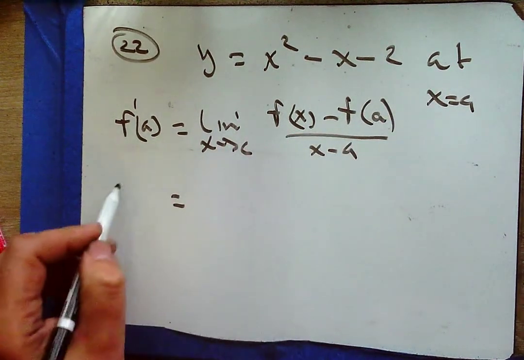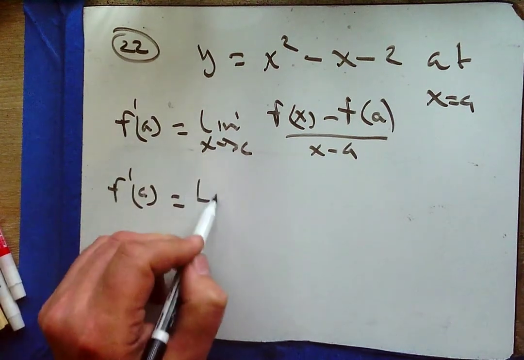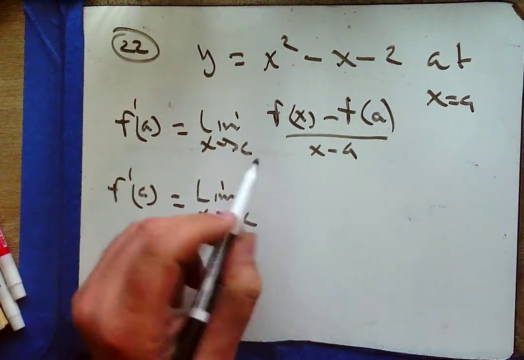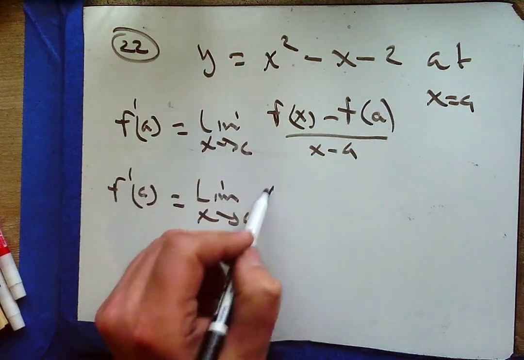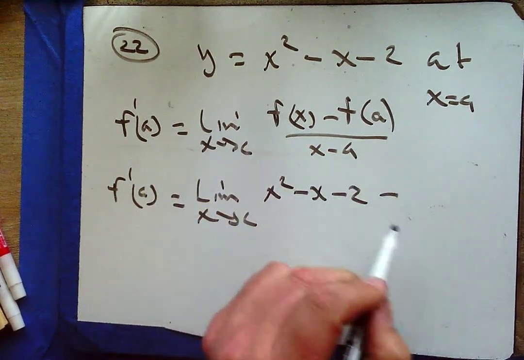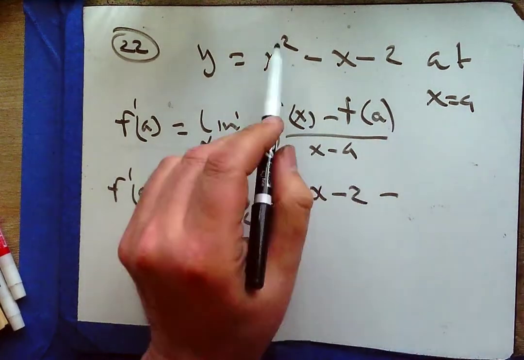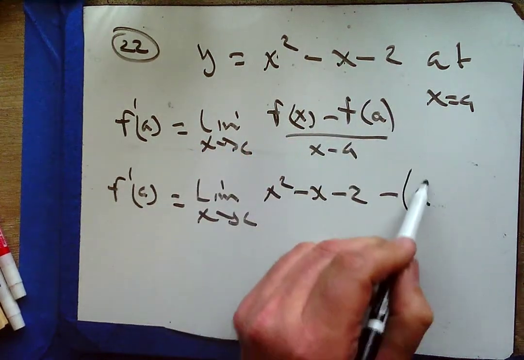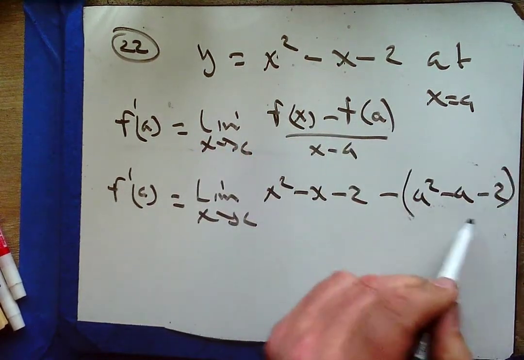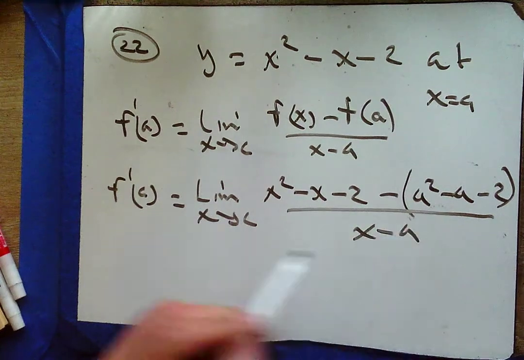So that's going to be the limit as x approaches a of f of x, which is x squared minus x minus 2, minus f of a. Well, f of a means I plug a's into those. So I have a squared minus a minus 2 all over x minus a.